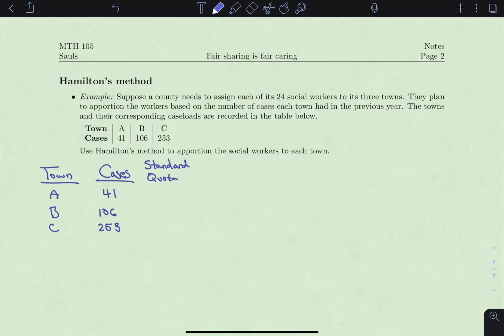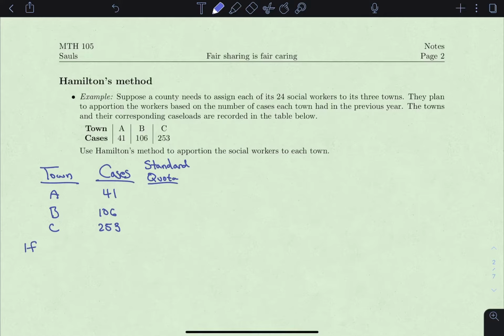Not quotal. This is the proportional one. And the way that we're going to do this is find what's called a standard divisor, that will represent the number of cases per social worker if everything were divided perfectly evenly.